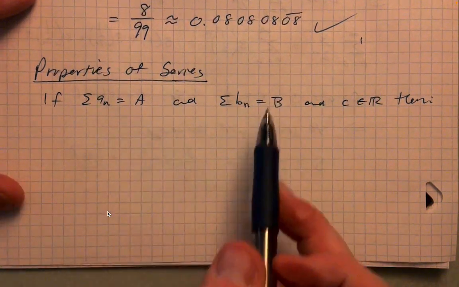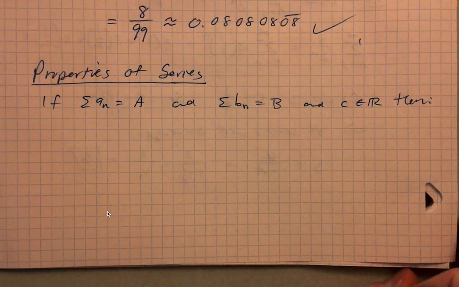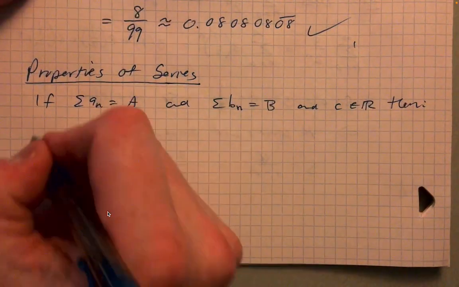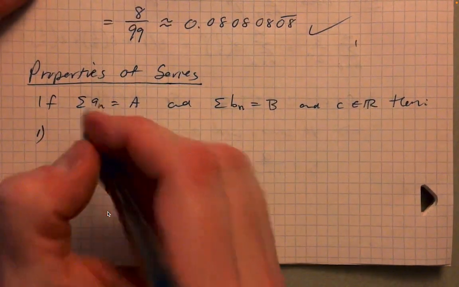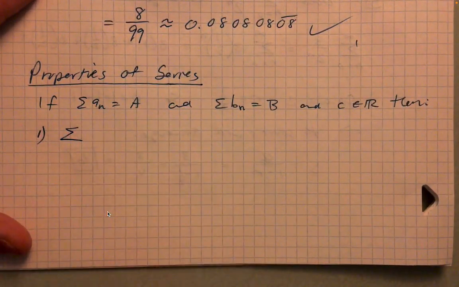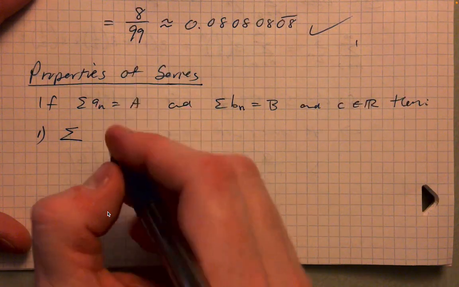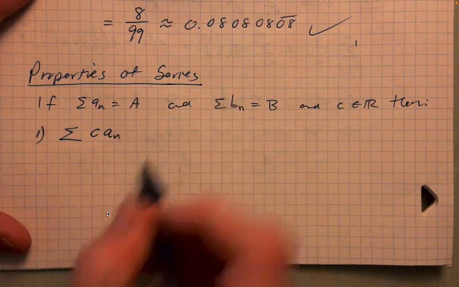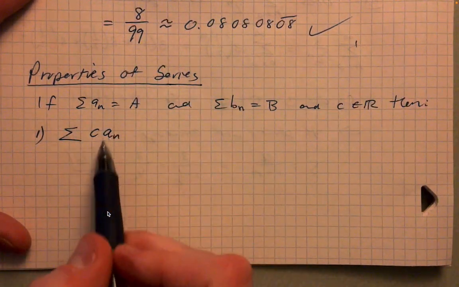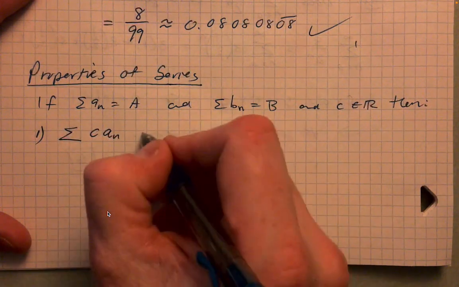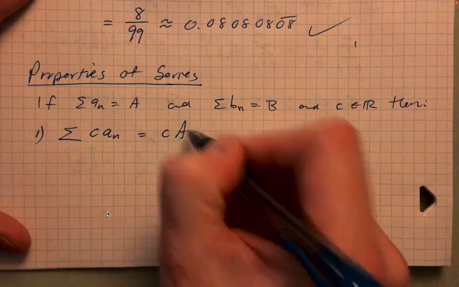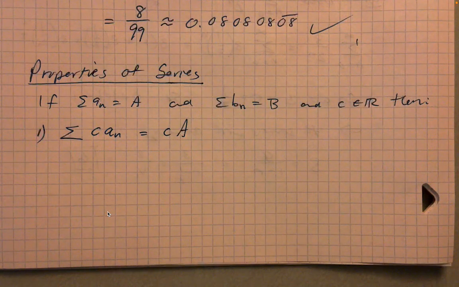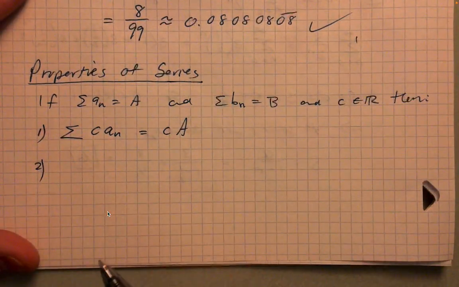Those two series both converge to some finite numbers A and B. And so what are the properties that hold here? The nice ones all hold. So c times a of n, any real number constant times the terms of the series, is going to be equal to c times whatever the series converges to, the sum of the infinite series A, times the real number c. Okay, so that's what you'd expect and hope to see.